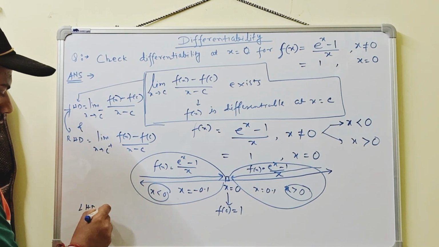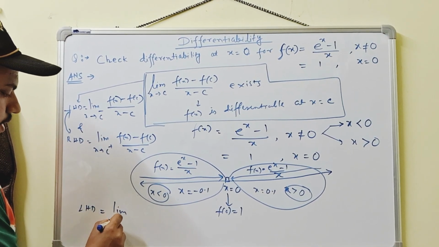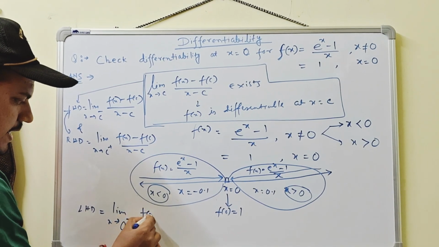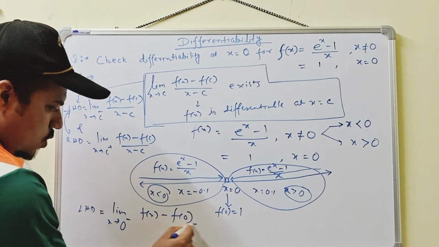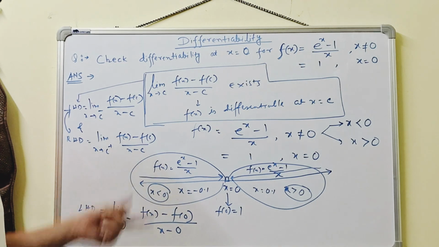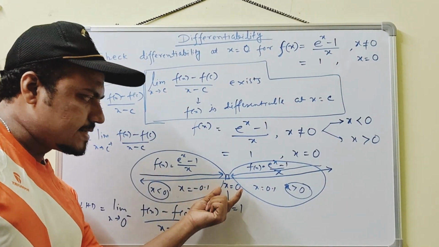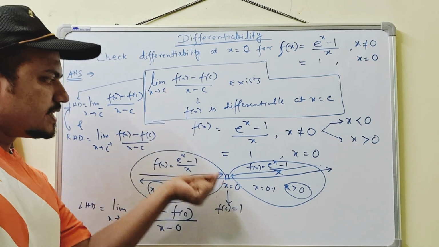Now coming to the analytical definition, you have to check your left-hand derivative. The left-hand derivative is equal to the limit as x tends to 0 minus of (f(x) minus f(0)) by (x minus 0). This is the general definition, x tends to c. For the particular point x equal to 0, c is replaced by 0.